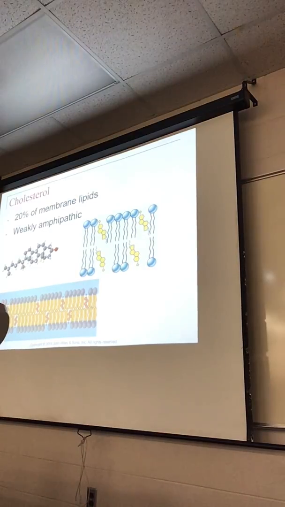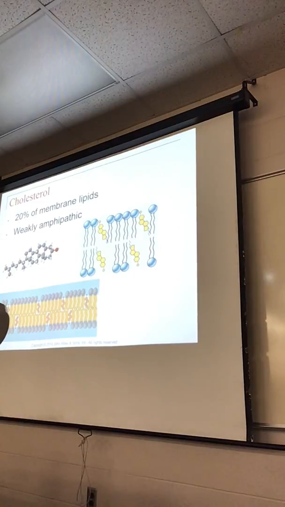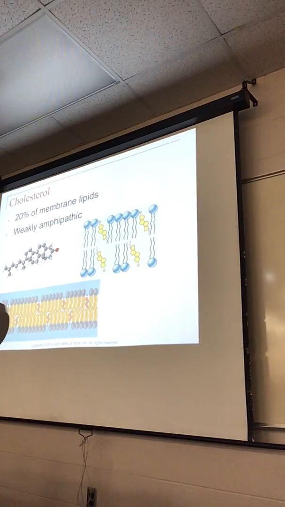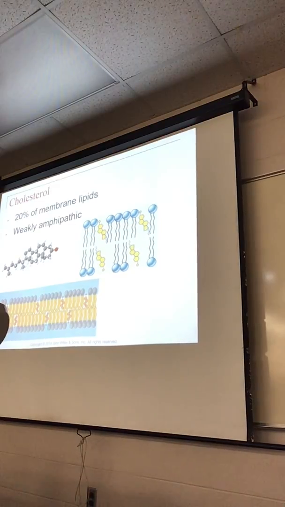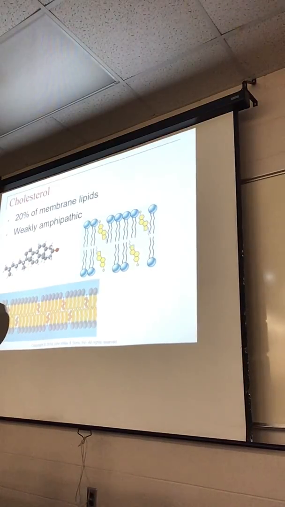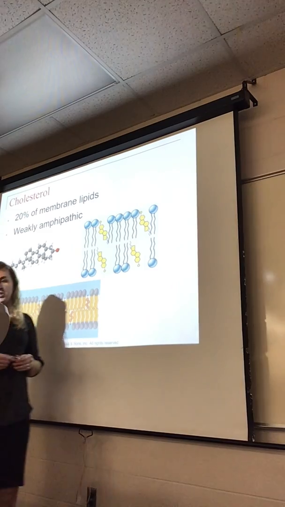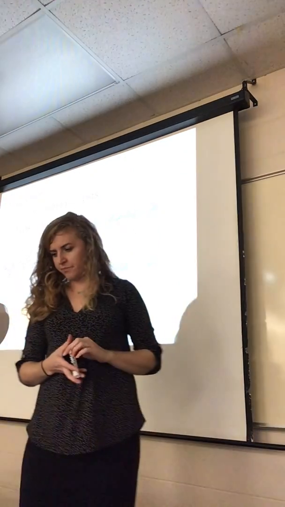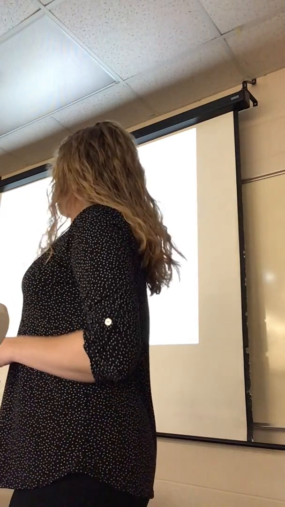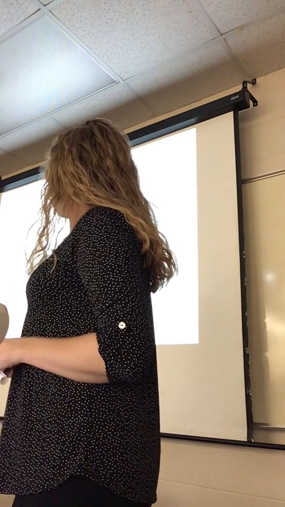But cholesterol coming between them prevents too many water molecules from coming between these nonpolar tails in between phospholipids. So they basically make the membrane more rigid and prevent it from turning into mush. So these help stabilize the membrane, particularly over a wide range of temperatures. They fill in these little spaces between them.